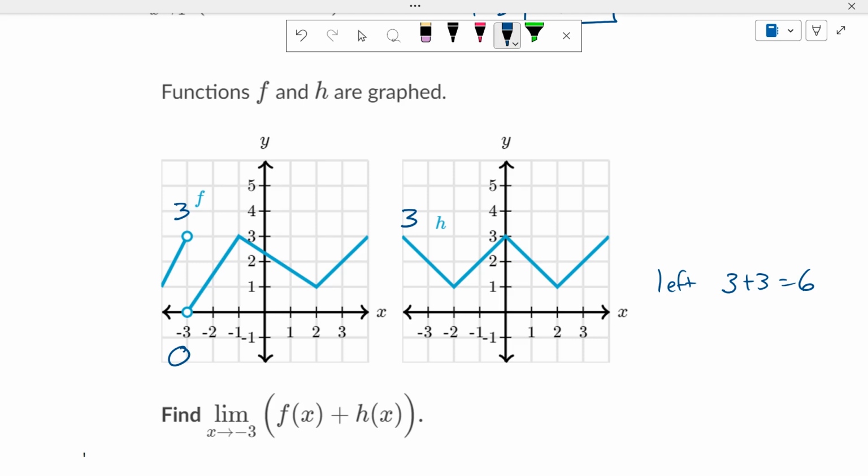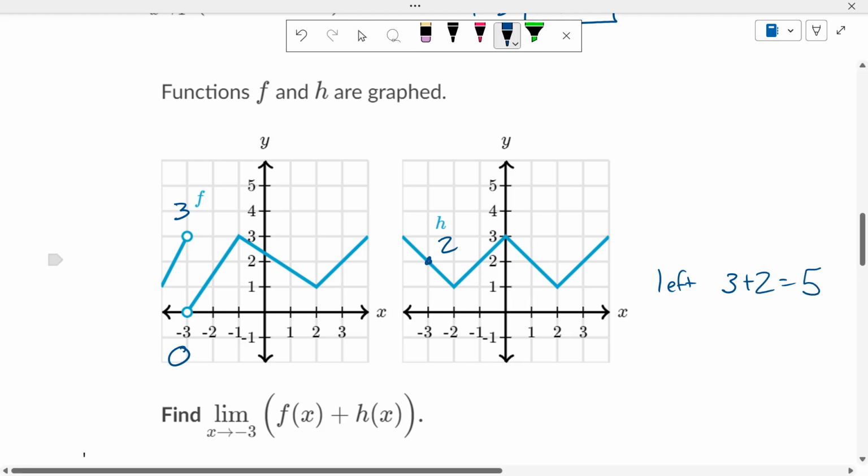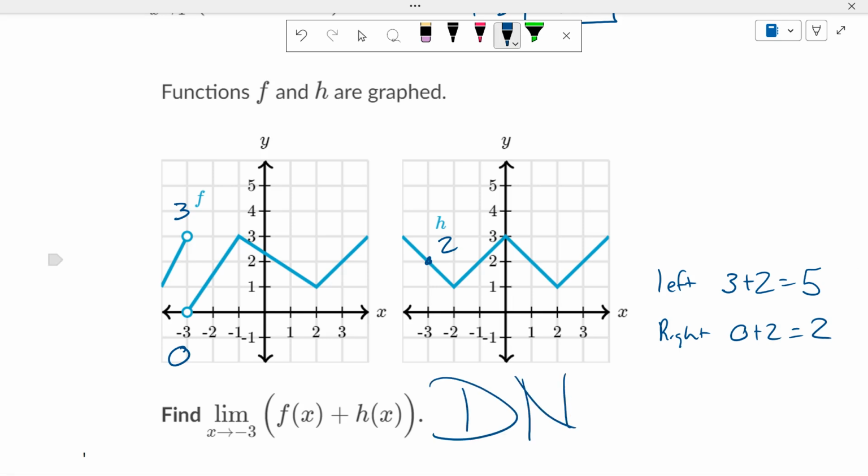Sorry, I did it wrong. That's 2. So it is 3 plus 2, which is 5. Coming from the left, it's 2. Coming from the right, it's 2. So then from the right, it's 0 plus 2, which is 2. So what do we know if they don't match? The limit does not exist.